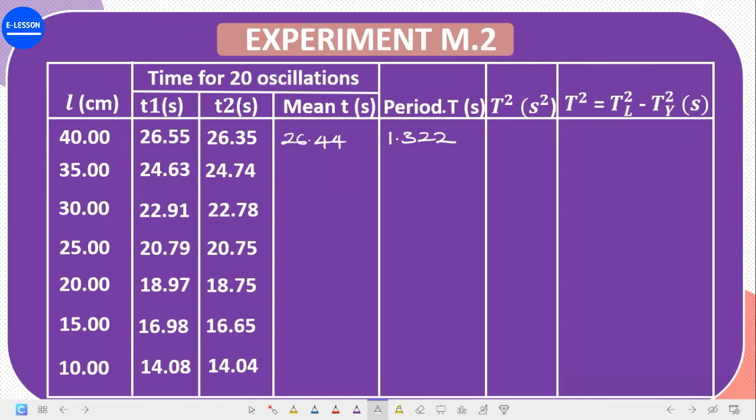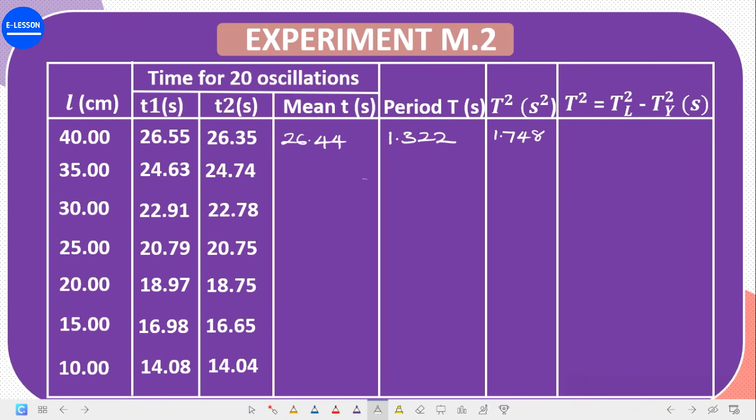Now to find the period squared, you square what you have here. When you square this period, it's going to give us 1.748. Now what are you going to do? You are going to subtract, or let's leave this for the last. Then the next one is 24.63 plus 24.74.